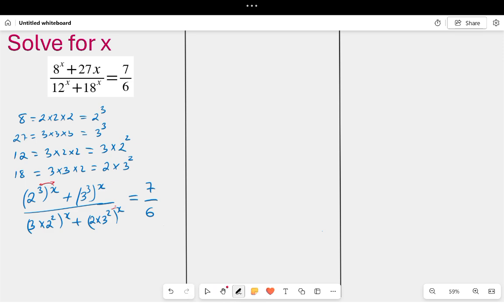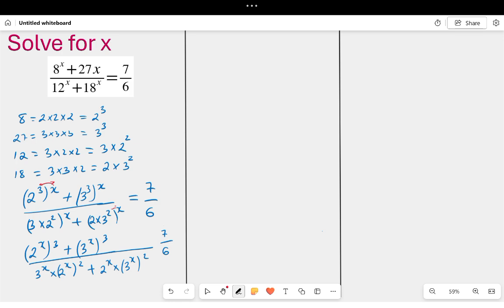Now, this is going to be 2 to power x, then cubed, plus 3 to power x, then cubed, divided by, now if we are swapping x inside, then we are going to have 3 to power x times 2 to power x, and then these 2 you're going to have 2 outside, then plus the next one we are going to have 2 to power x times 3 to power x but squared, which is equal to 7 over 6.